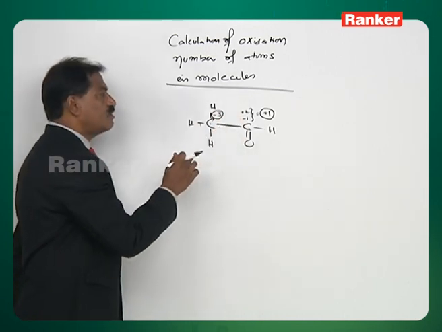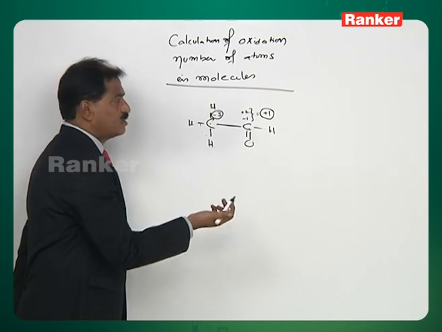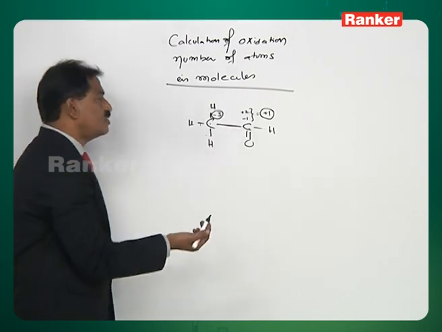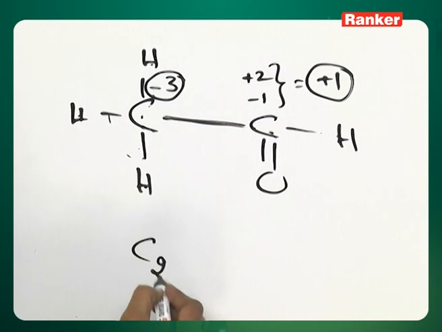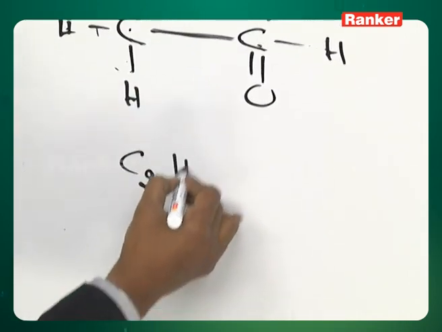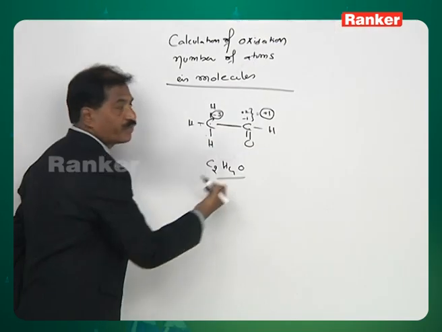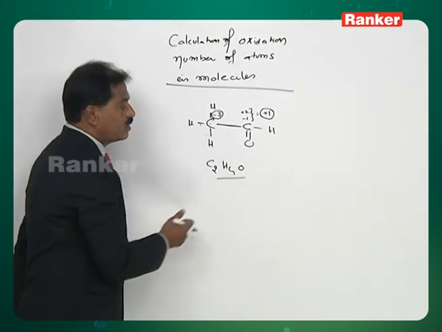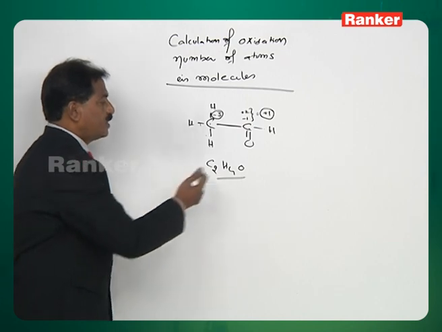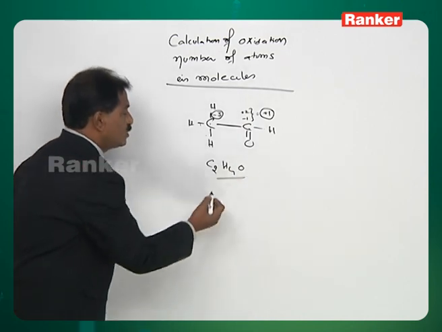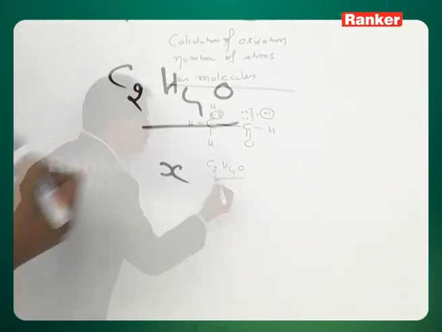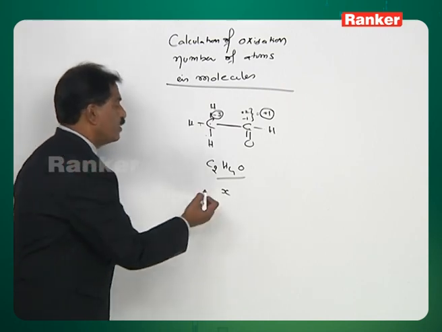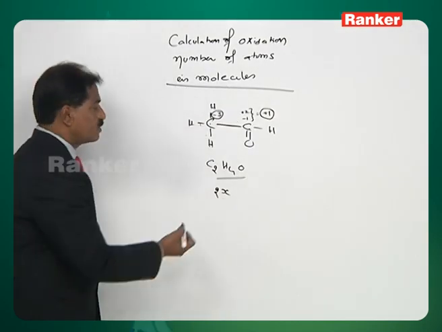But sometimes they will ask the average oxidation state. For calculation of the average oxidation state, directly you can apply the empirical formula like this, C2H4O. By applying this molecular formula, directly we can calculate the oxidation state. So, for example, according to those rules, say carbon, we don't know the oxidation state of carbon, let us say X. Next, 2 carbons are present, 2X.